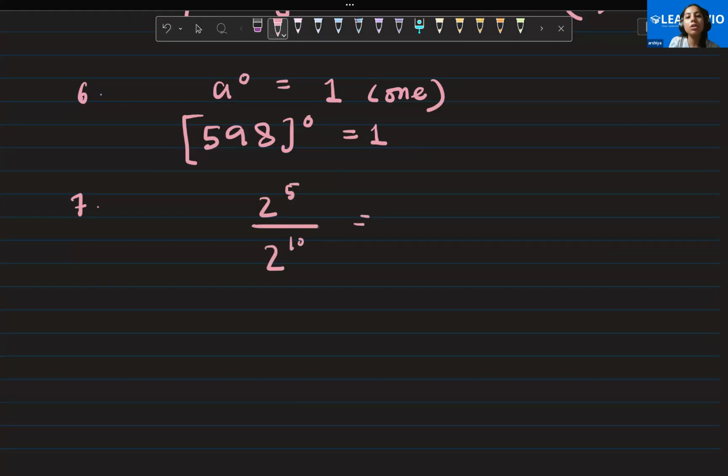According to the laws, this is division and we have the same base, so we will subtract. My answer will be 2 raised to the power of 5 minus 10. If I solve 5 minus 10, I will not get 5, I'll get negative 5, right? Yes, ma'am. So the power is 2 raised to the power of negative 5.